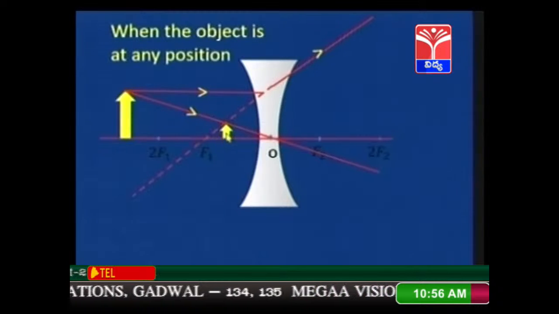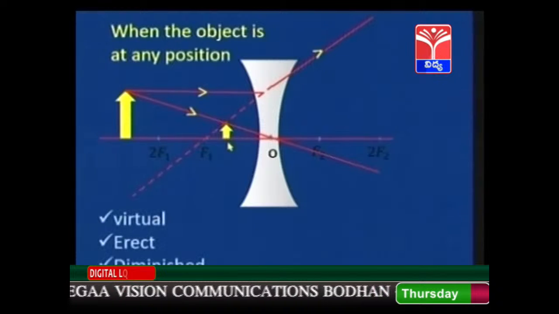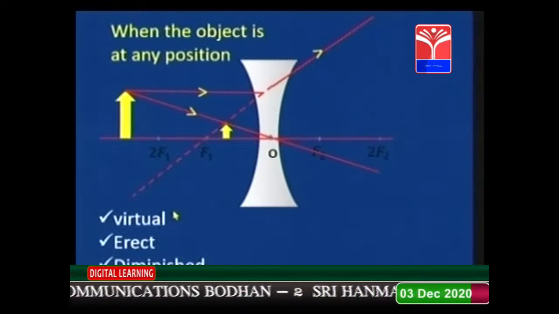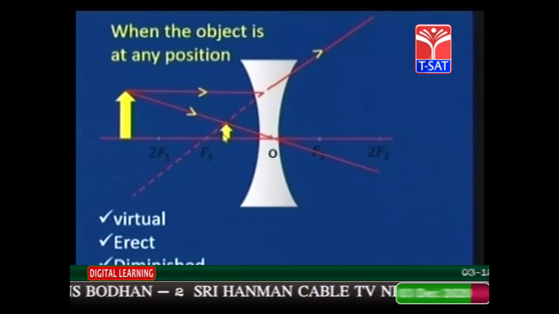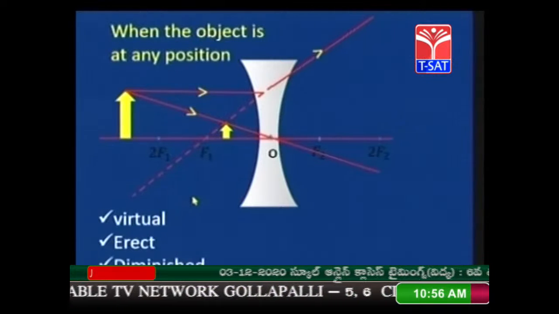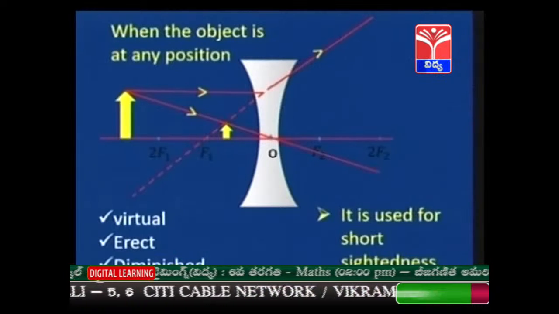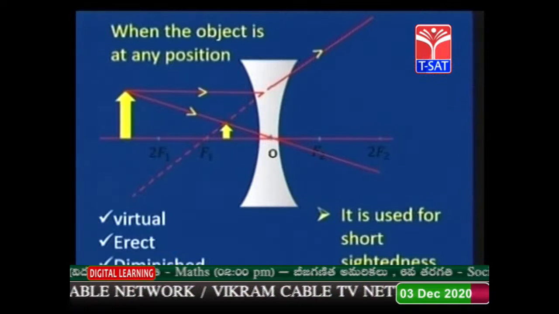So this is the image, which is a diminished and erect image. You can see this is a virtual image, because virtual images are always erect, so it is an erect and diminished image. This concept is used as the remedy for short-sightedness.